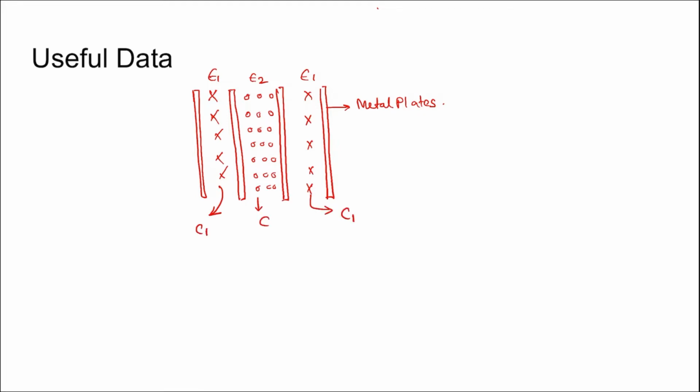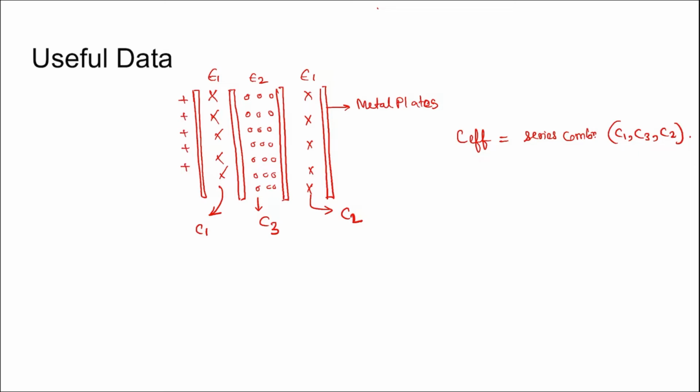So the effective capacitance of this area is C1, this area is C2, and this section is C3. Now the effective capacitance is the series combination of C1, C3 and C2.